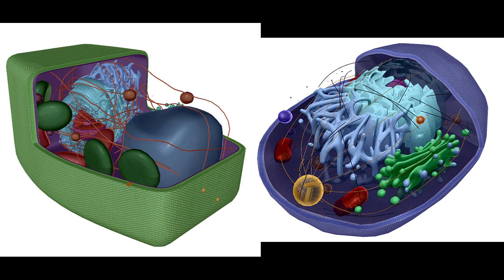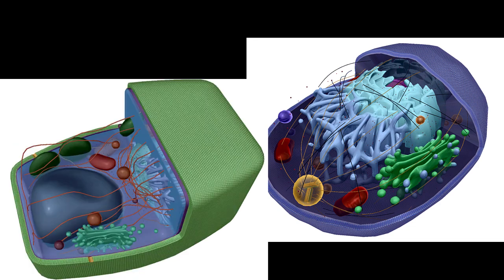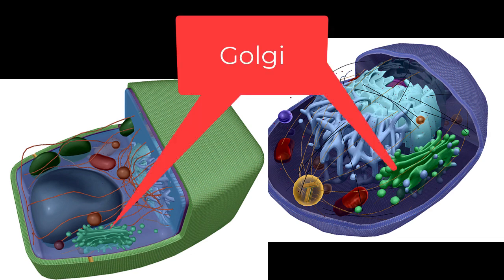Now, in addition, when we look at these cells, now they're getting more complex. And one of the things that is needed with this complexity is the ability to target things when you're trying to ship them. So you'll notice this plant cell still has a Golgi apparatus. That's the plant pack and ship center.